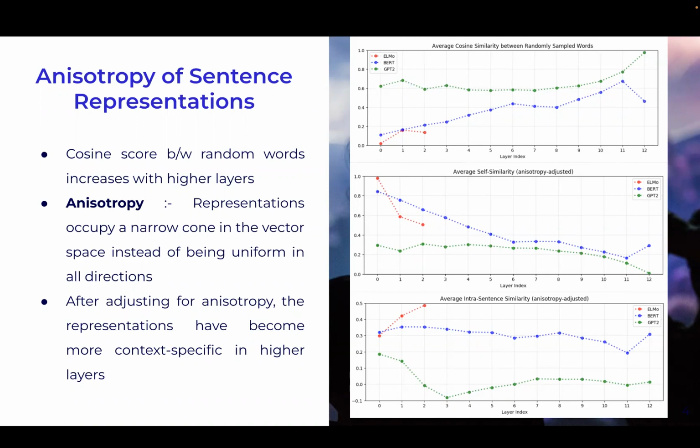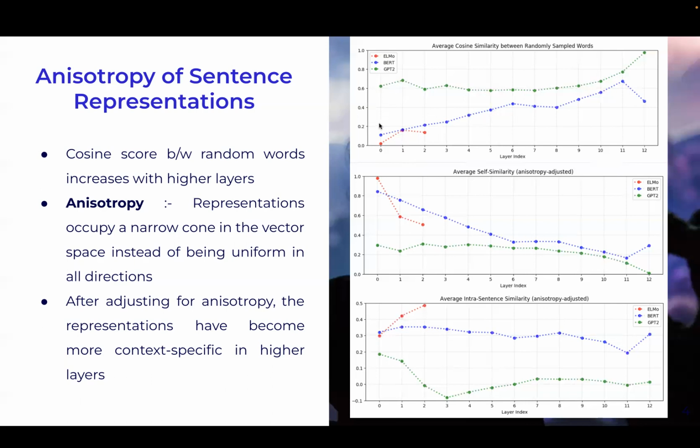If you randomly pick any two words and compute the cosine similarity in each of the layers, BERT base has 12 layers, so with respect to each and every layer, you compute the cosine similarity between two randomly sampled words, and then you see the pattern.